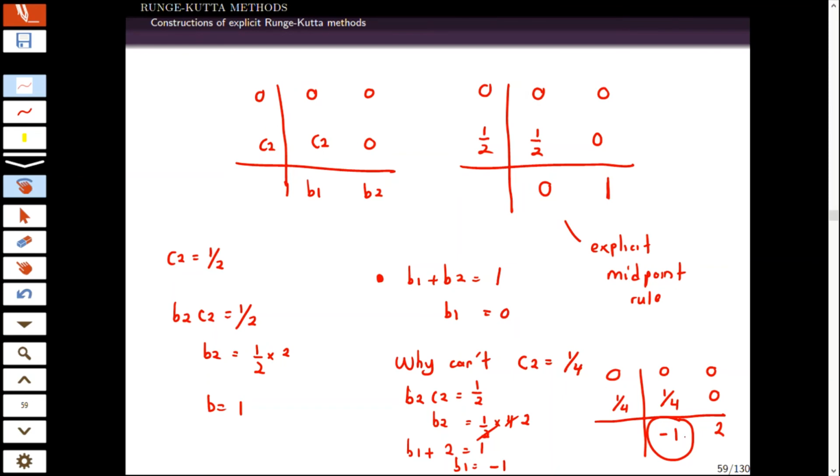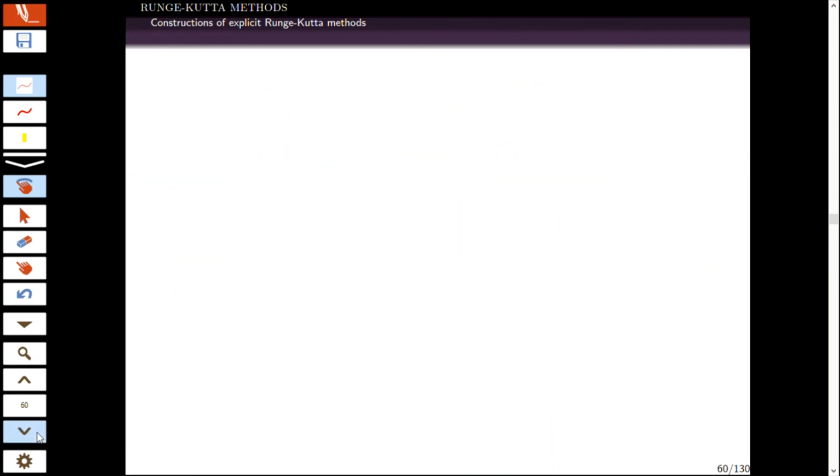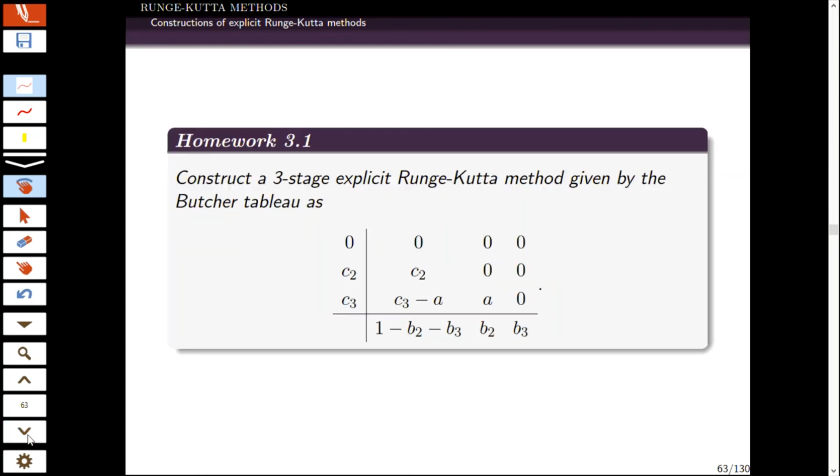Now let's move on to order 3 method. Construct a 3-stage explicit Runge-Kutta method given by this. This can be very tricky. For a 3-stage method, how many order conditions does it satisfy?